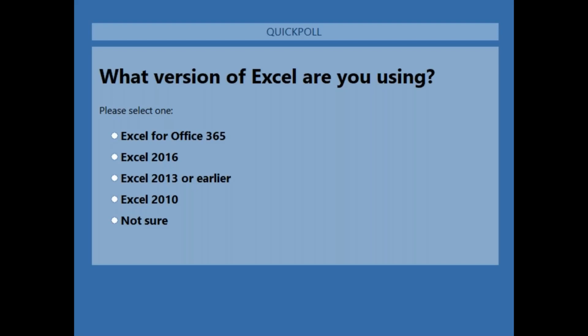If you would select Office 365, if you're using Excel 2019, that would be great. The goal here is just to find out what versions you're on and to give me an idea of how many people will soon see dynamic arrays in their version of Excel. So that poll's up there on your screen now. You could please select one of those, and Marilyn likes to time this out for us.